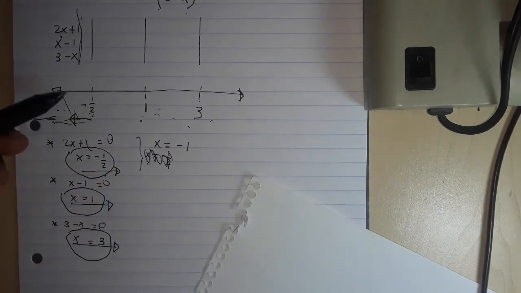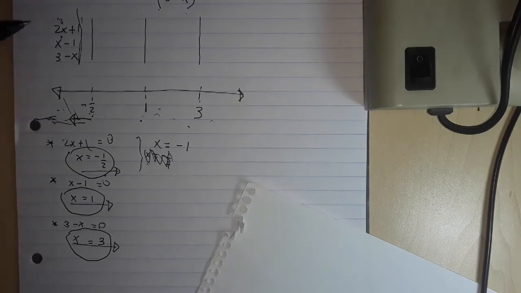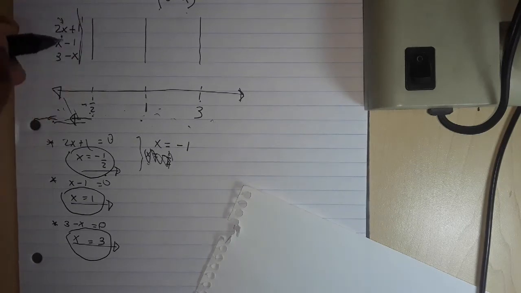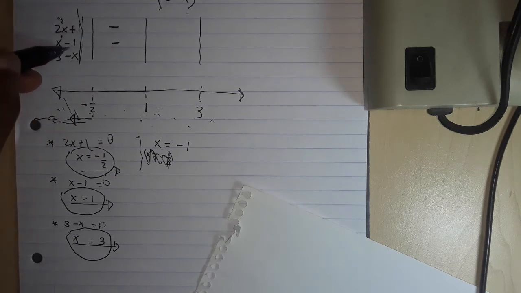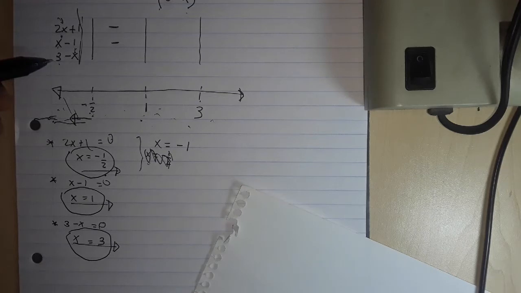So if we plug it in there, we'll have 2 times minus 1 plus 1, so we'll have minus 1. In other words, this will be negative. And if we take minus 1 again here, it will be negative because we'll have minus 1 minus 1, which is negative. If we put minus 1 here, however, it's going to be 3 minus minus 1, which is 4, a positive value. So this turns out positive.